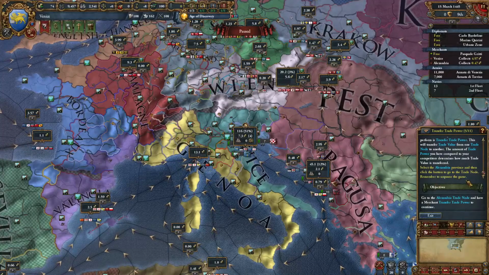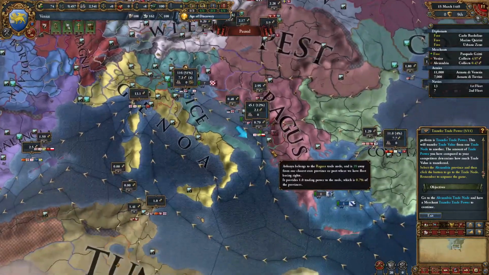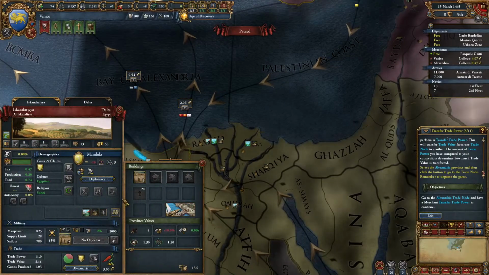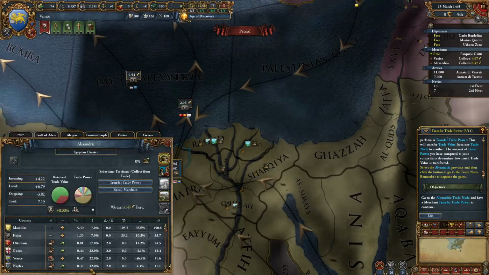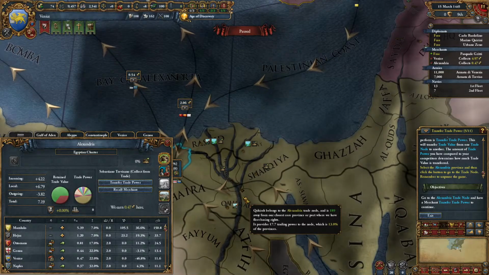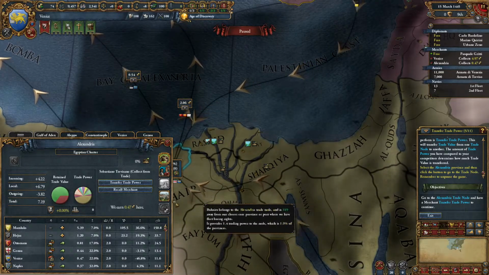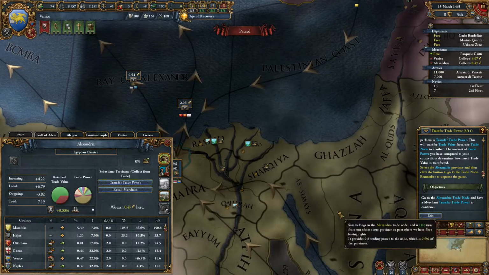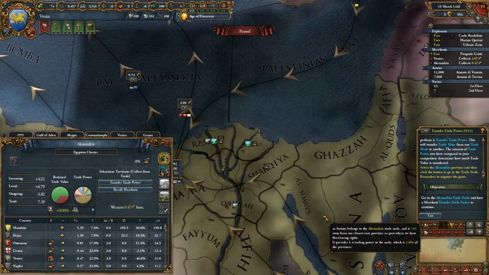Do not forget to unpause. Yes. Okay. So Alexandria. Too far. So go to the trade node. Go to Alexandria trade node. Have a merchant transfer trade power.